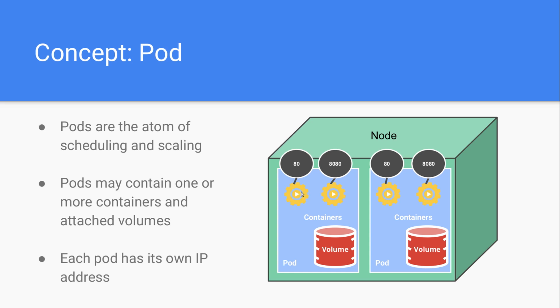We can ingress some ports, and you see that each pod has its own IP address. Pods may contain one or more containers and attached volumes. So a node contains containers.